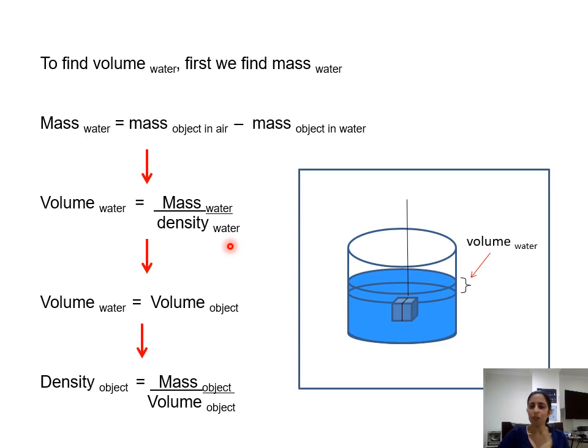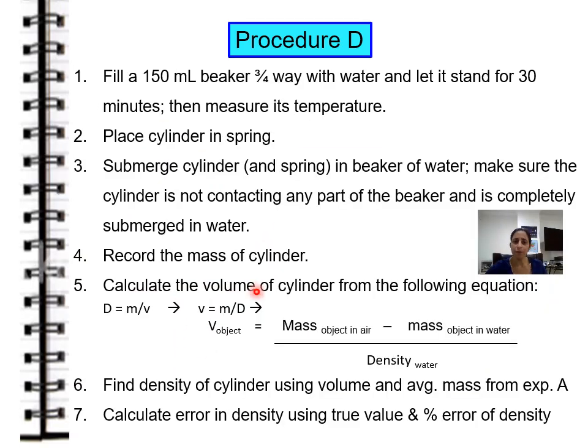The equations that are given in your book for this part are a little bit confusing. So I would like you to use this equation over here to find the mass. Remember, the buoyant force, the buoyancy force, is the mass in air minus the mass in water. So when it asks you in the calculation section to determine that, you just take the difference between these two.